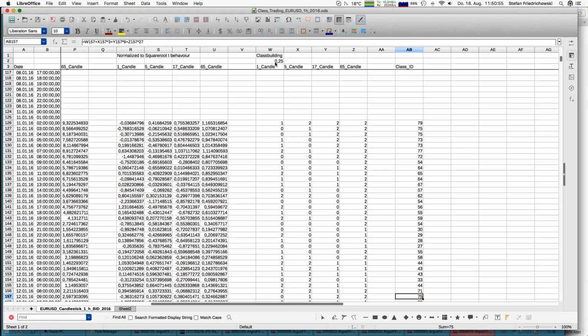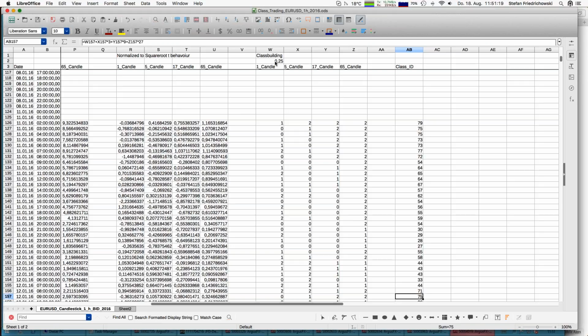So if I do my class separation, let's say right, I might have within every class, finally, 1,000 candles. Because I have 80,000 candles history, and I have, let's say, 80 classes.